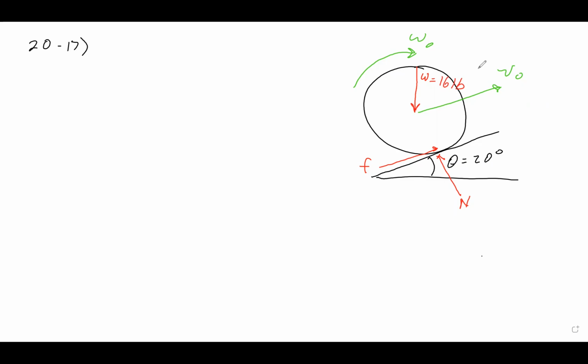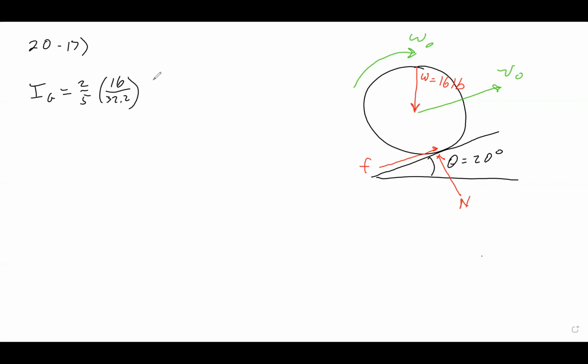Okay, all right, so let's start first with the fact that this is a rotating object that has inertia, and let's calculate that moment of inertia. The moment of inertia is going to be for a sphere, so 2/5 times the mass, which is 16 pounds divided by the acceleration due to gravity, and then the radius squared.